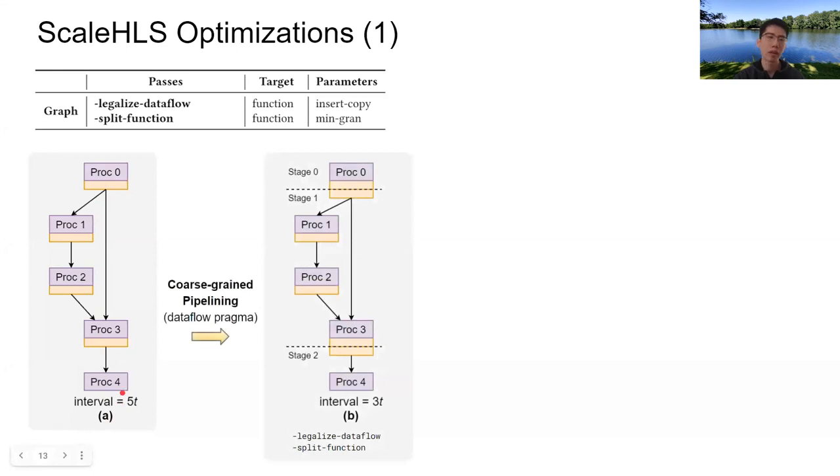At the graph level, as we mentioned, we want to apply a coarse-grained pipelining to the computation graph to make the procedures in this graph work concurrently and work in a pipeline manner. Such a coarse-grained pipelining is also called data flow in some high-level synthesis tools.